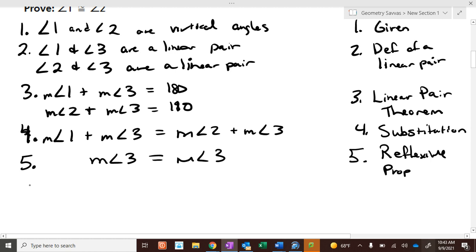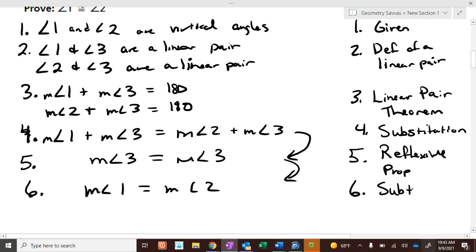And then what I'm going to do is this. I'm going to take this minus this to get this. I'm going to take step 4 minus step 5, and it equals step 6. When you minus, what's another name for minus? That's the subtraction property.